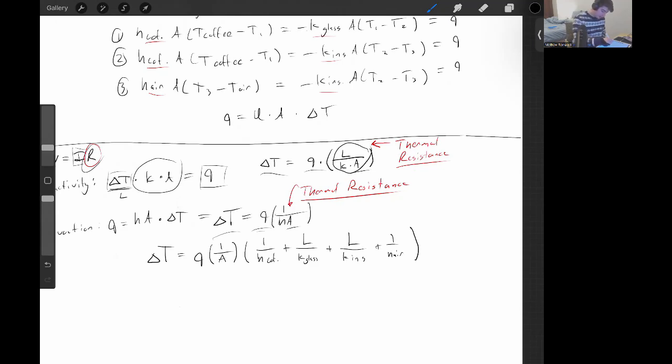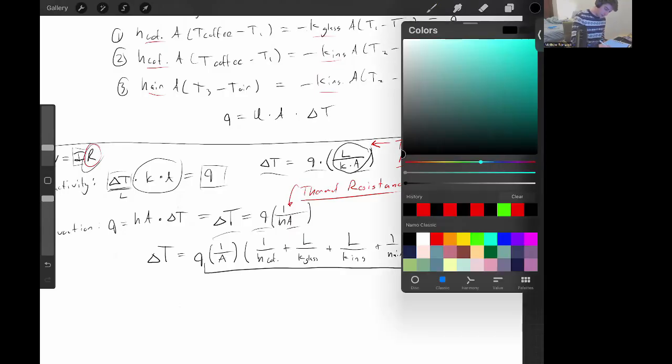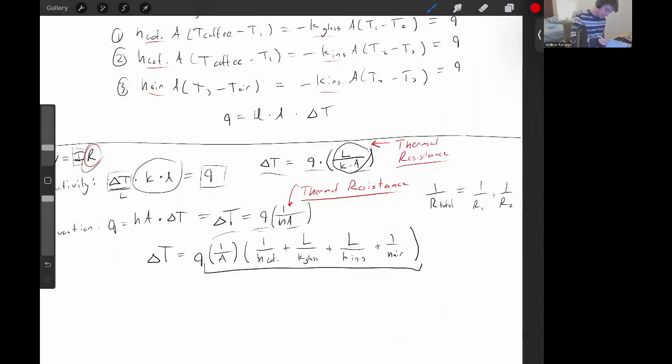And if you look at this, if you know anything about physics, this looks really similar to the total resistance equation. Just drawing it here for reference because I think it's cool. But we get the total thermal resistance.